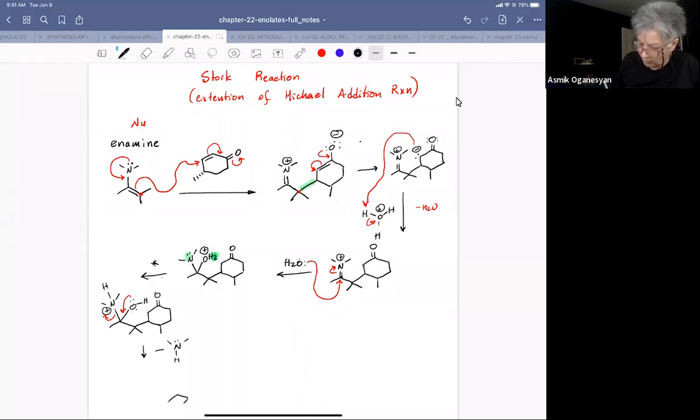Almost reformed our carbonyl. Okay, and finally, last step, water molecule will pick up that proton. And we're done.